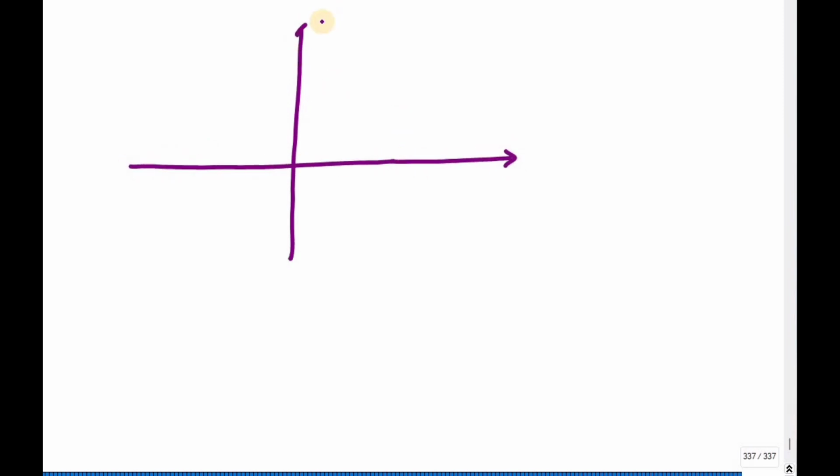See, suppose this is my Vout and this is my Vin. So you have two threshold voltages, right? One is VULT and another one is VLLT.